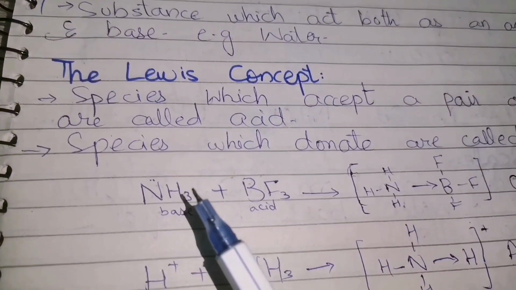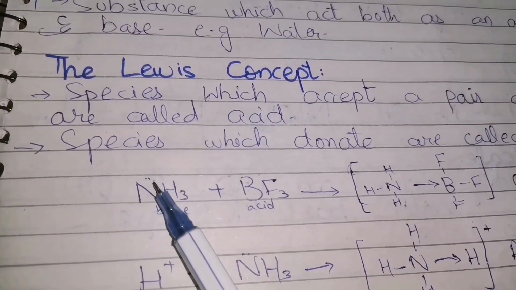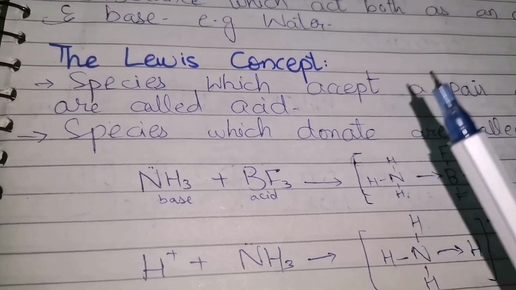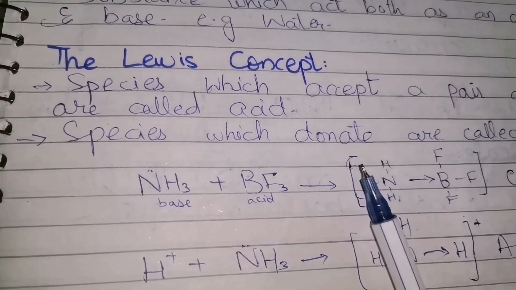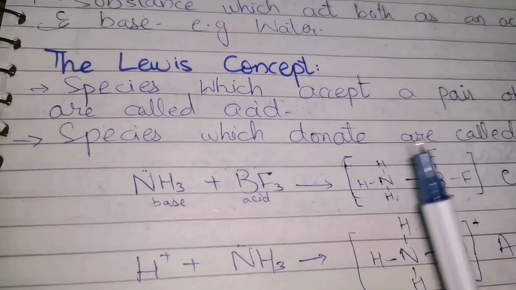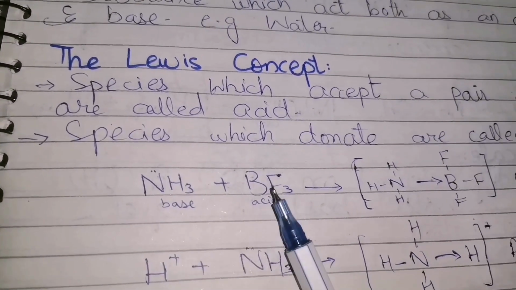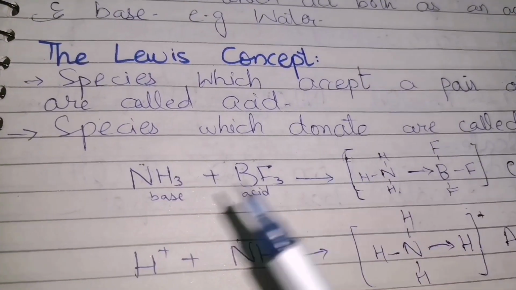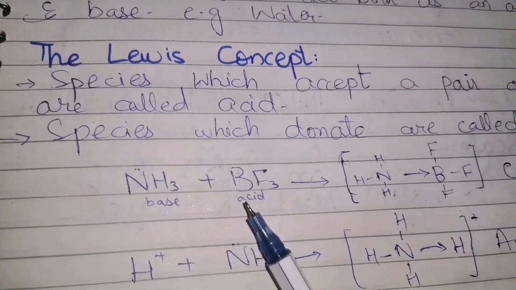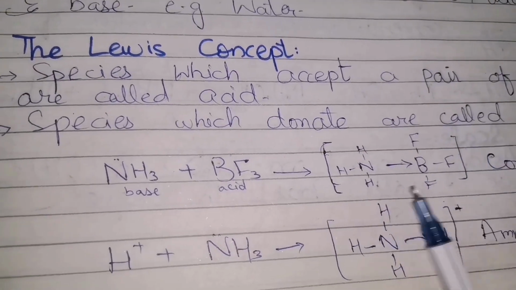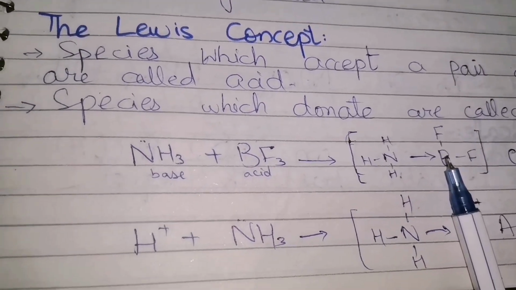How will we know that NH3 has lone pair of electrons, or if any other substance has lone pair of electrons or not? We will study this in the Lewis structures. Till then, remember that NH3 has lone pair of electrons and BF3 accepts the lone pair of electrons. Right? NH3 donated its lone pair of electrons to BF3 and formed a complex.